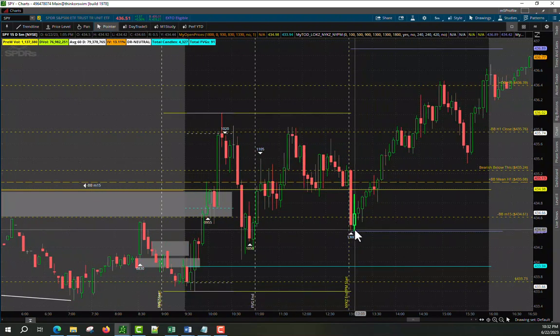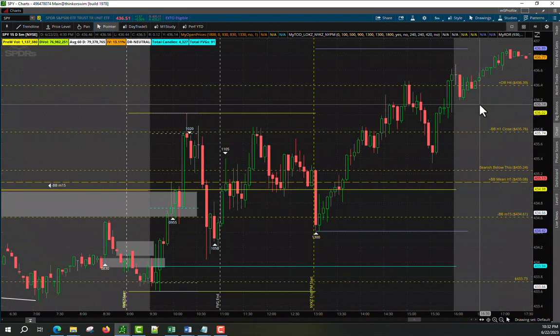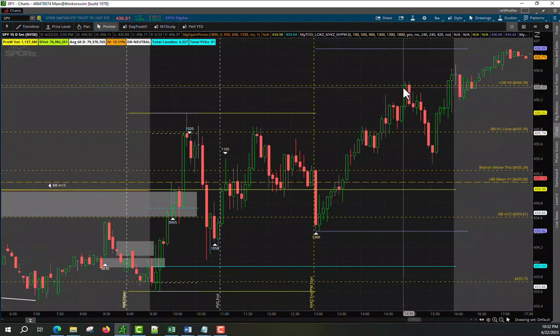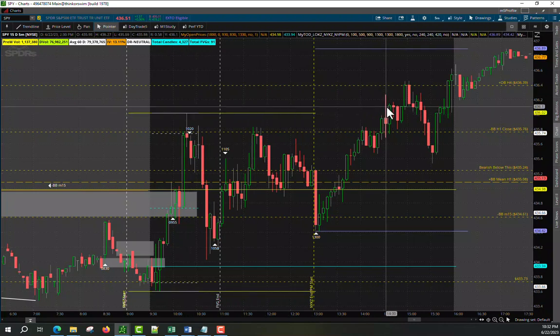If you enter from here, it's a higher probability setup, and we can target a high time frame target right here, the buy-side liquidity. We can target right here also, 14:30. That's our target.